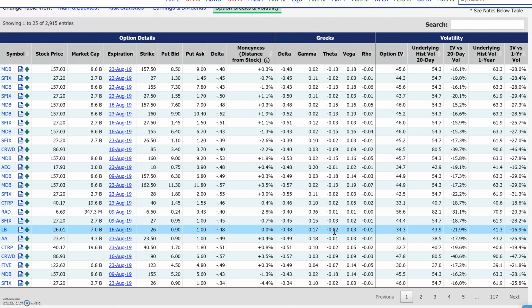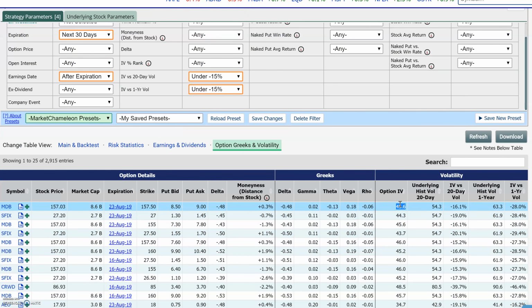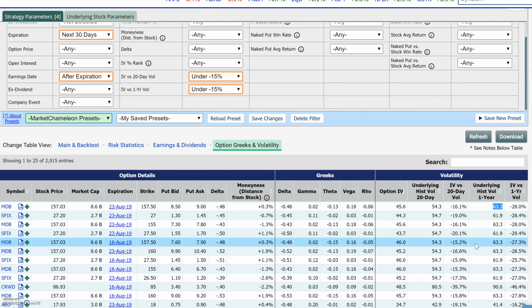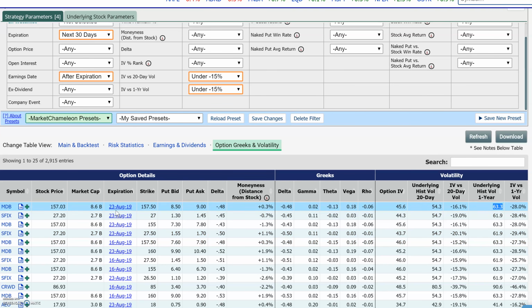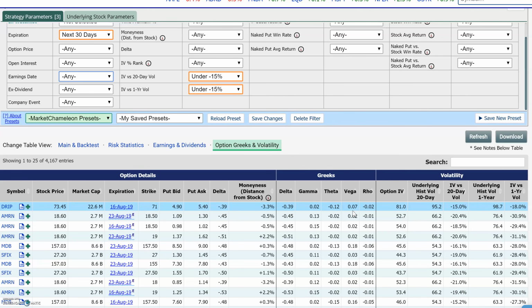So now we get a list of stocks where the implied volatility relative to the historicals looks like it's trading at a discount. And then you could take a look at these options, and let's let go of the earnings, because when you're buying options, you really don't mind buying relatively cheap options going into earnings.